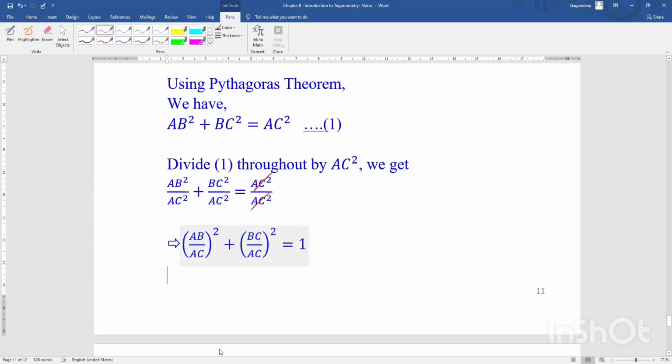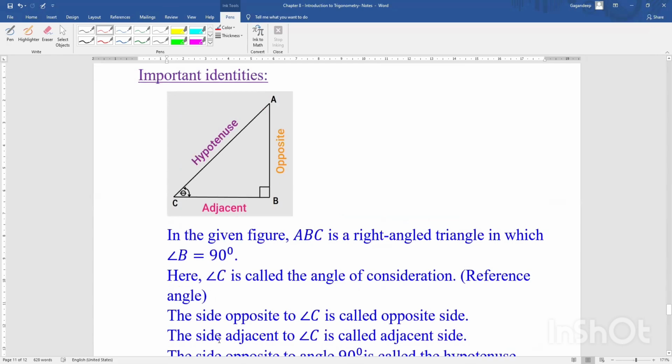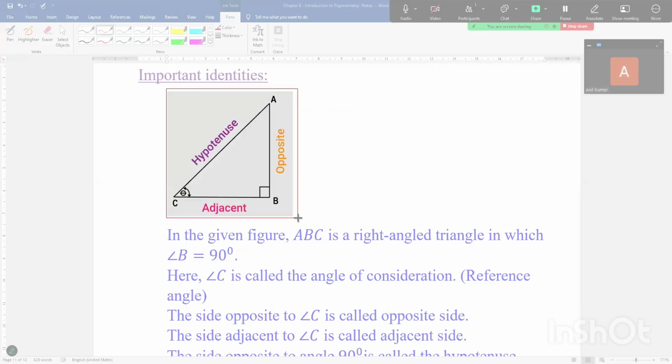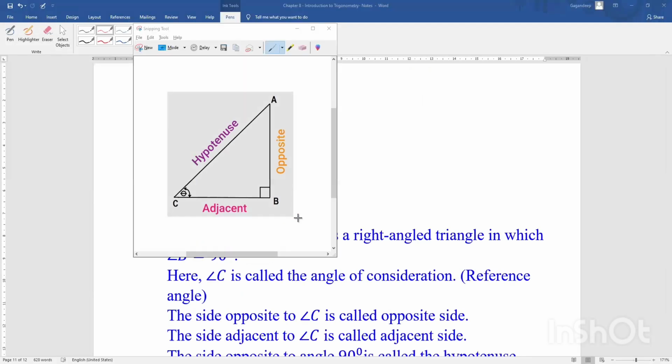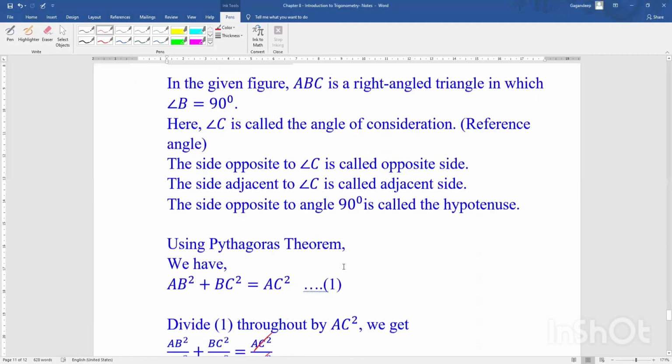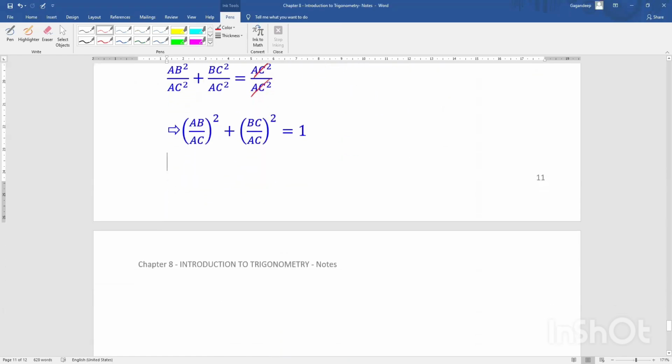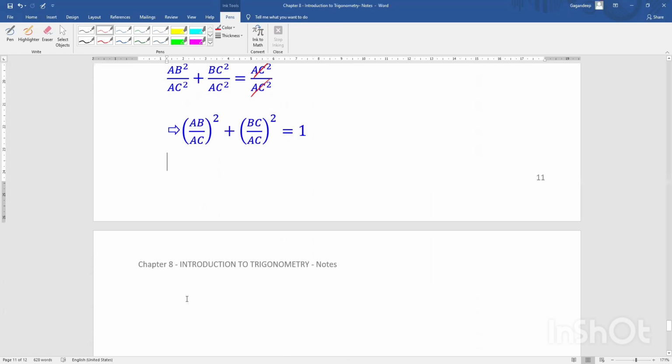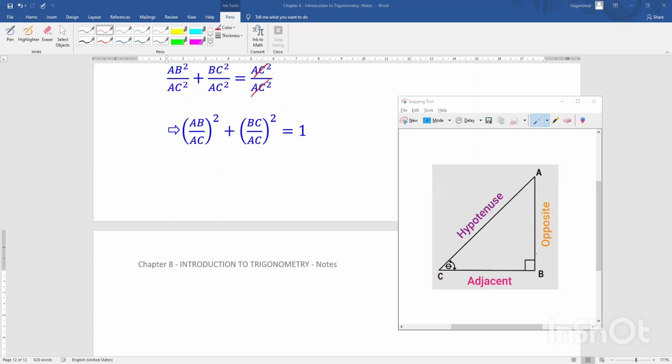Now if you look at this picture, AB by AC, AB is nothing but opposite and AC is the hypotenuse.